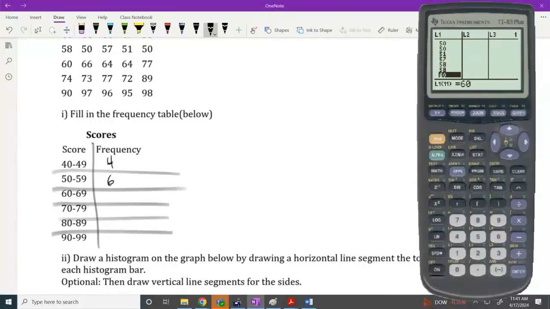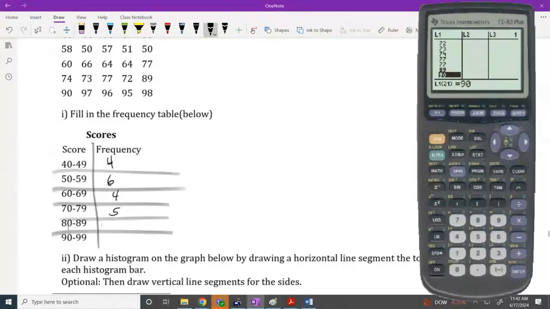All right. From 60 to 69, 1, 2, 3, 4. Looks like 4. 70 through 79. 1, 2, 3, 5. 5.